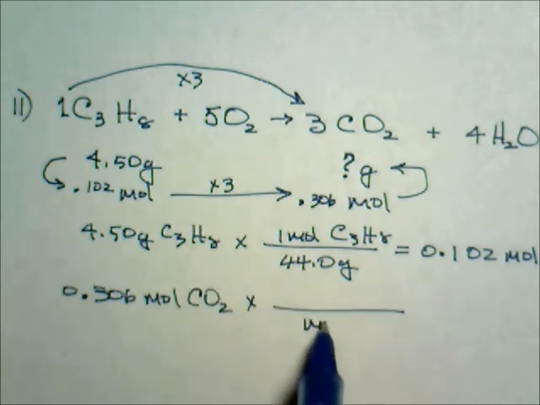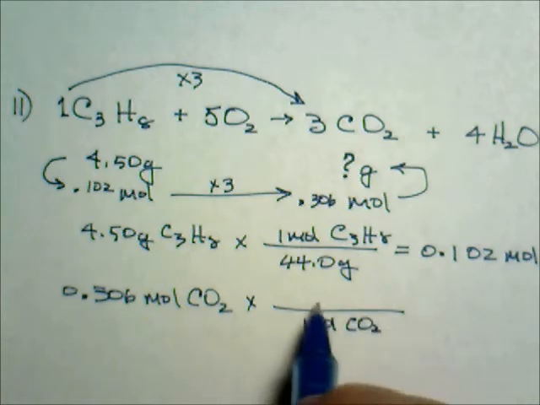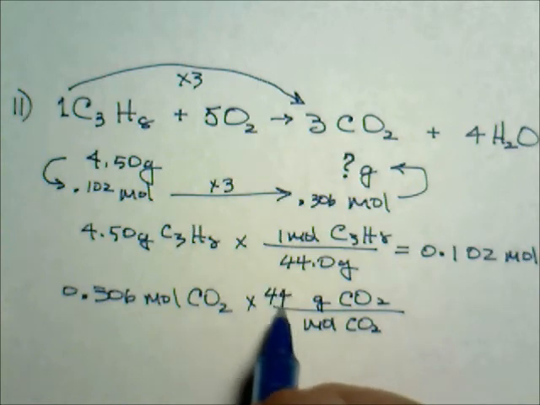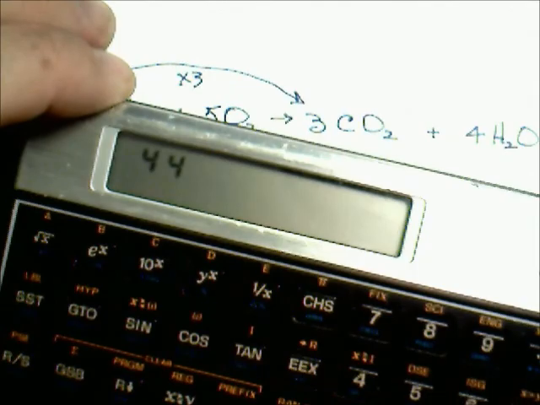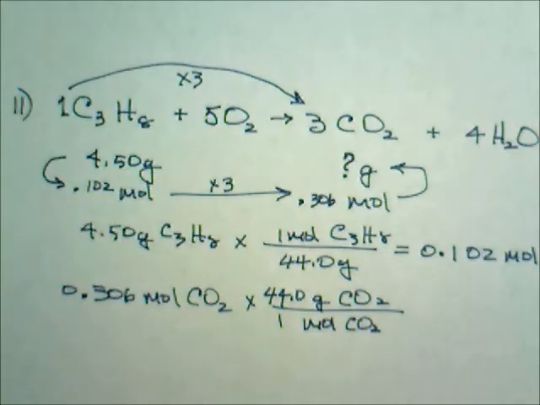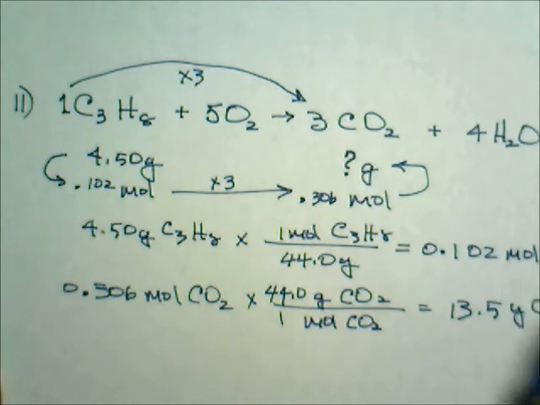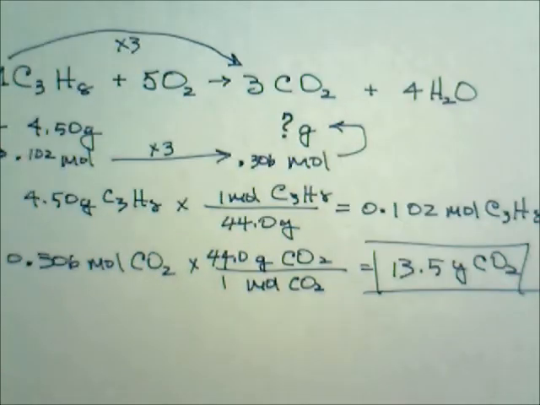And we're going to go from moles of CO2 to grams of CO2. 1 mole weighs 44.0 grams. So we multiply that times 44, and we end up with 13.5 grams of carbon dioxide. And there's our answer.